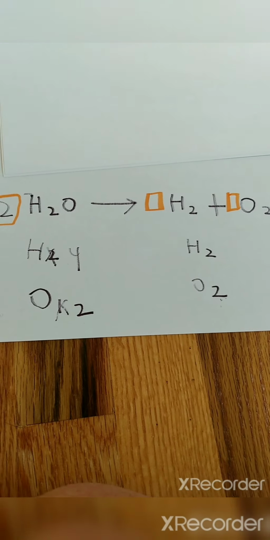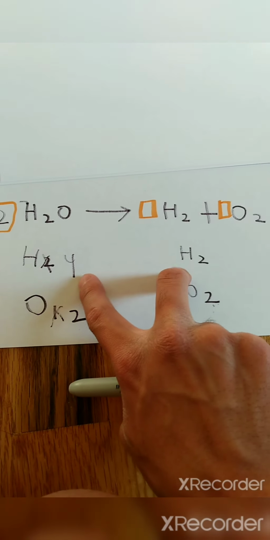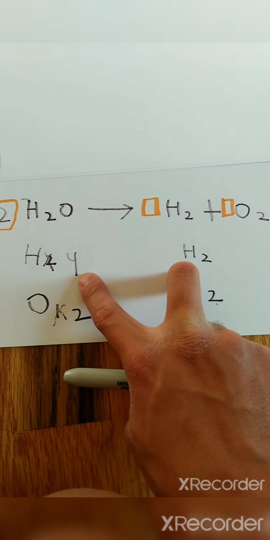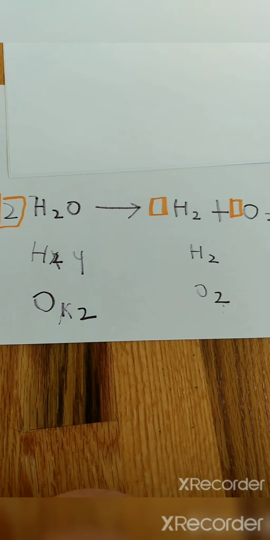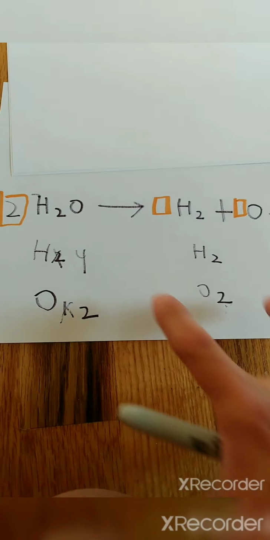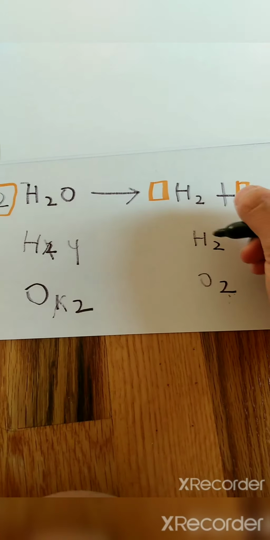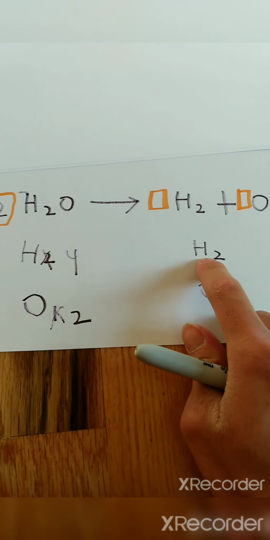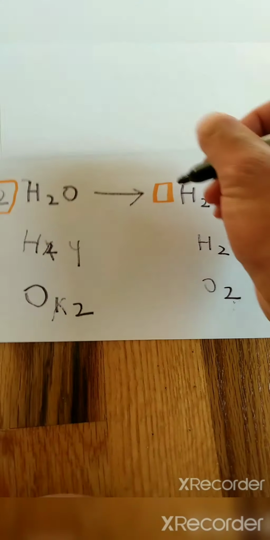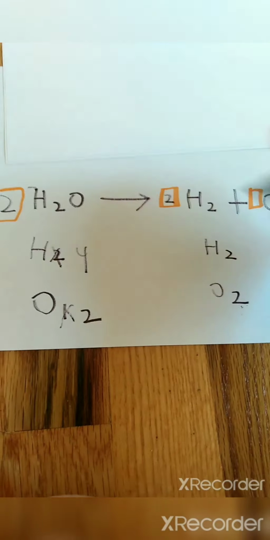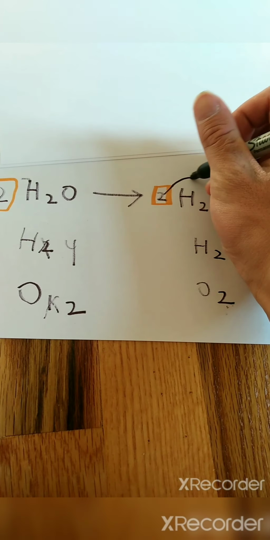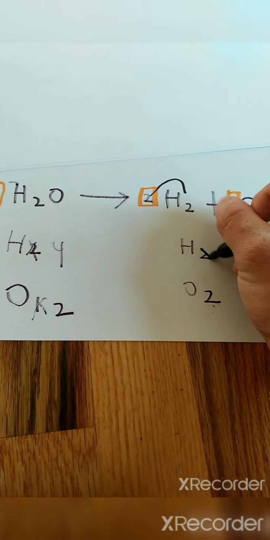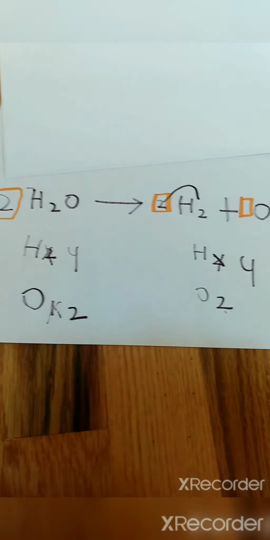But hydrogen and hydrogen right here are not feeling okay. So what we're going to have to do is change that to make them feel balanced. In order to have that hydrogen turn into a 4 to become the same, we can add a 2 right here and say 2 multiplied by 2, that is now going to be 4. Ta-da!